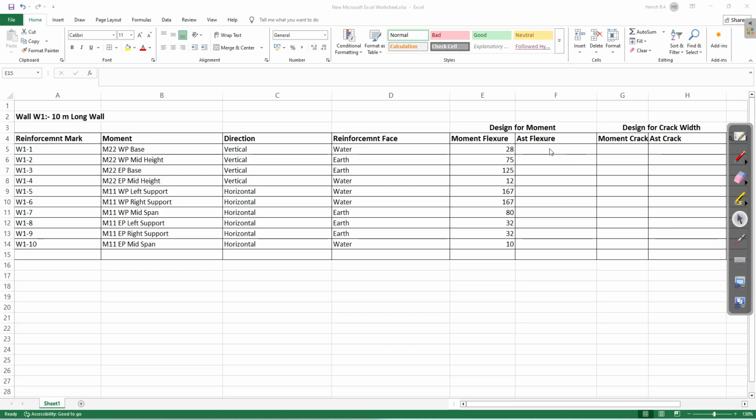So next we will calculate AST. You have the moment. Next we will calculate the area of steel, that is AST, for flexure. How will we calculate the AST for flexure?